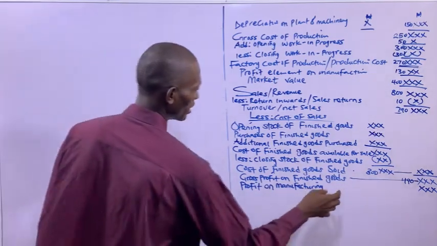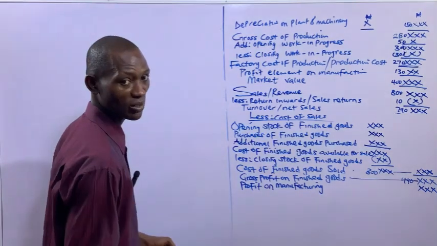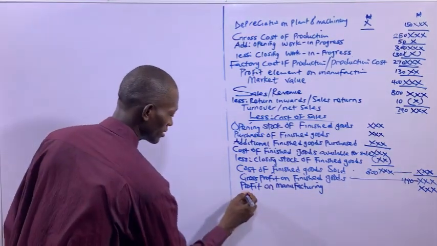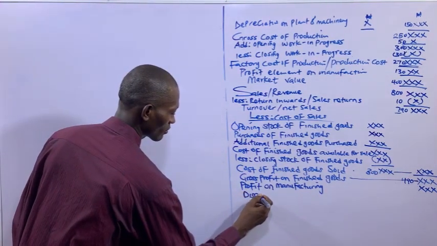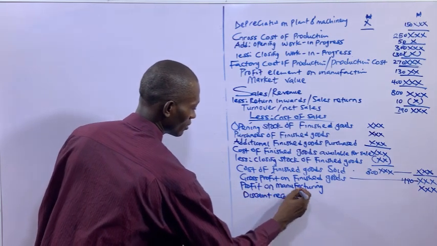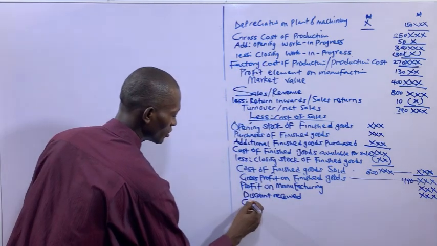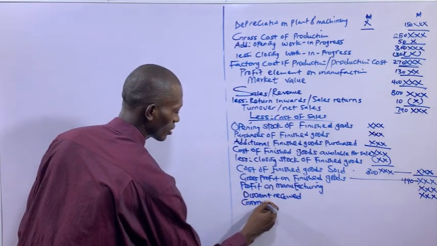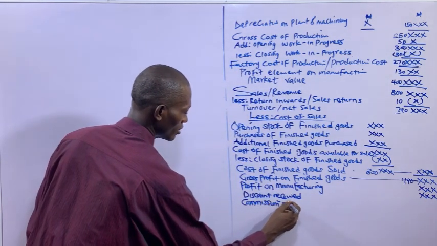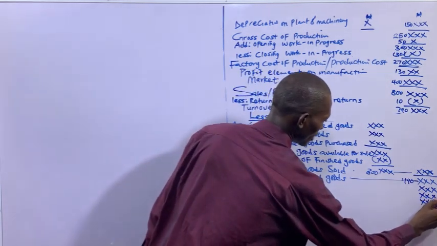So profit on manufacturing, that's what we have. Then if there are any other incomes, like let's say discount received, we add it. If there is any commission received, we add it.